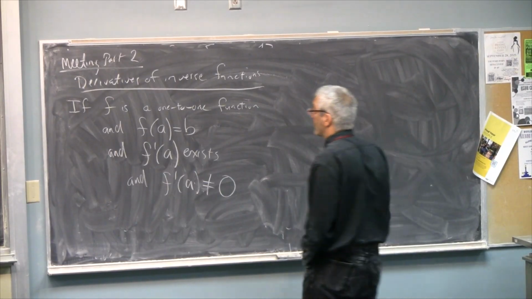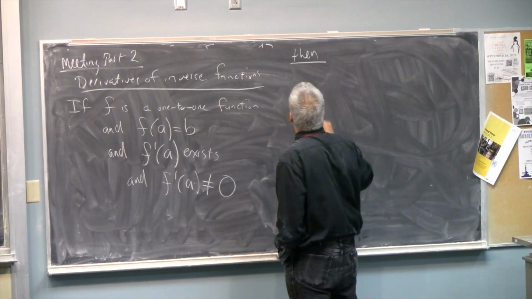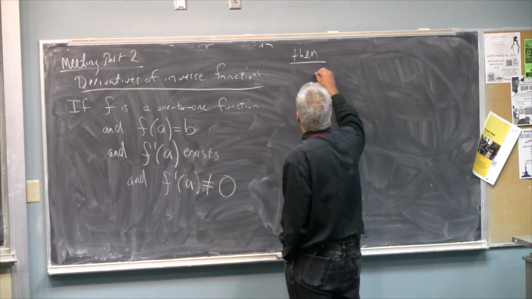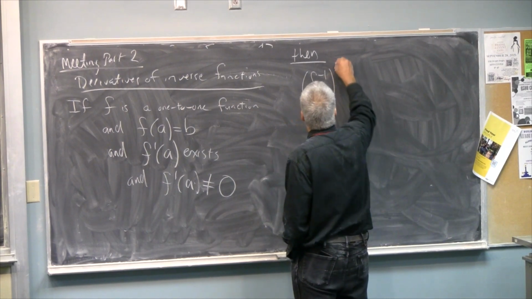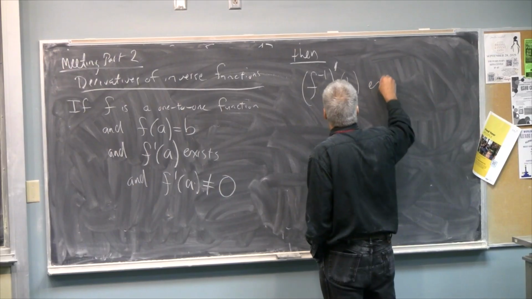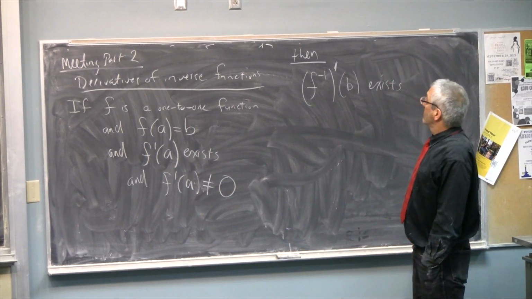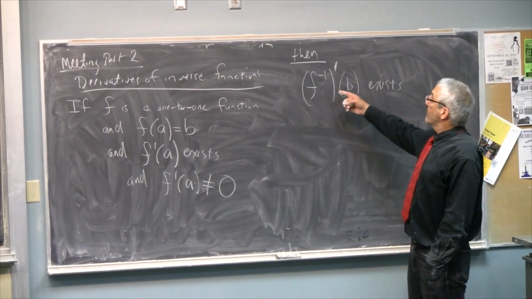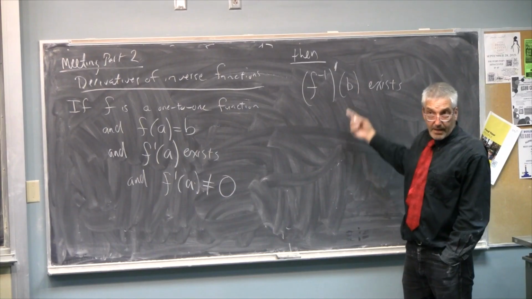Then f inverse prime of b exists. So this is telling me that the inverse function has a derivative at b.